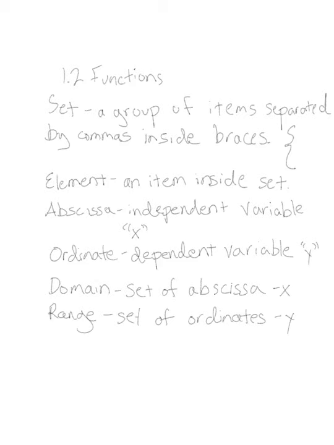And then finally, a function. You all should know by now what a function is. It is a relation. In this case, it is a relation of abscissa that has exactly one ordinate, right?